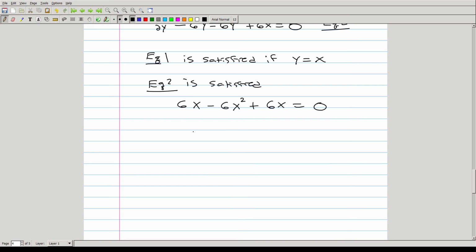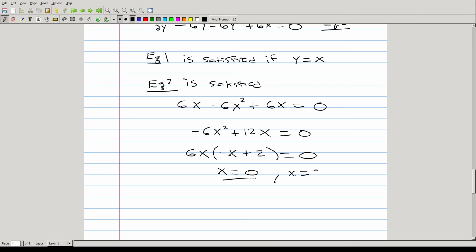This is the same thing as negative 6x squared plus 12x is equal to 0, or if we factor out 6x, it's 6x times negative x plus 2 is equal to 0, which has two solutions: x equals 0 and x equals 2.